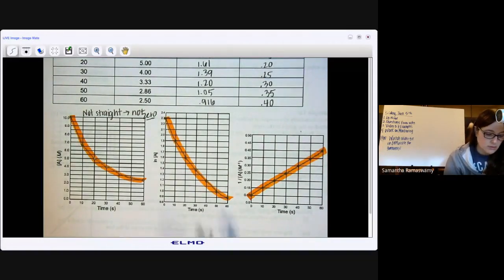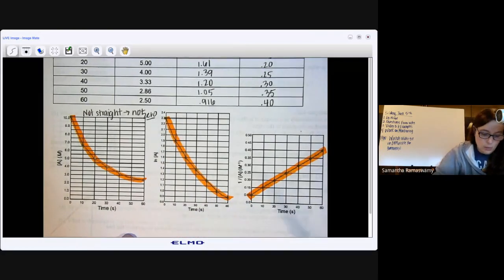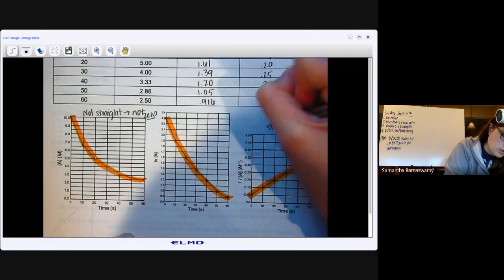Now, we're looking between natural log and 1 over. You want to pick the straightest line. I noticed down here towards the bottom, it starts to curve, right? The 1 over concentration, that's a straight line. So this is my straightest line.